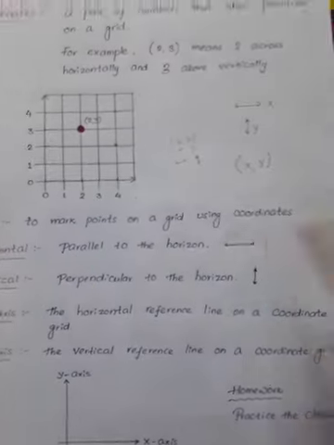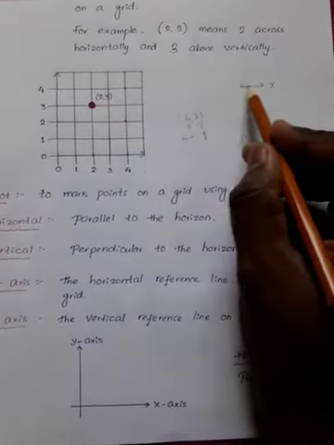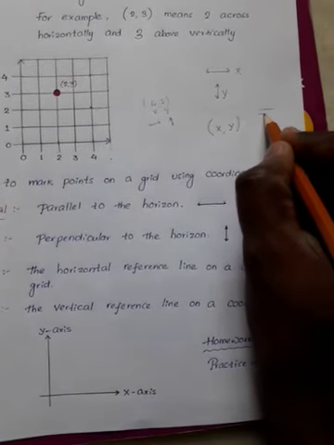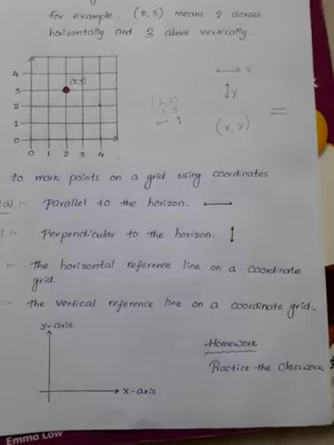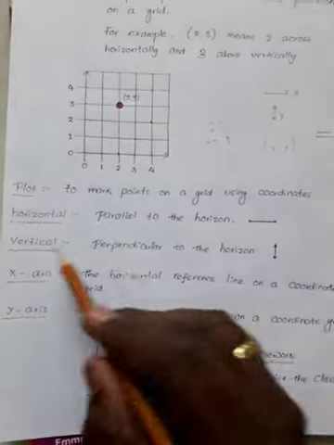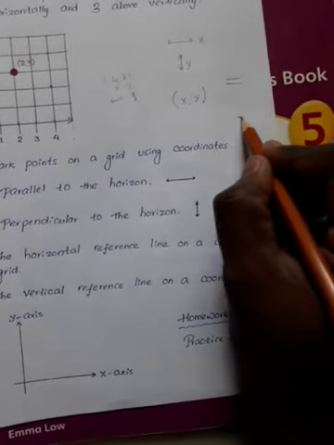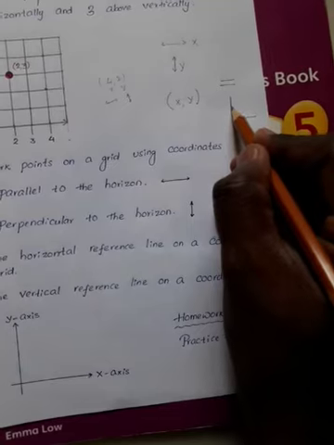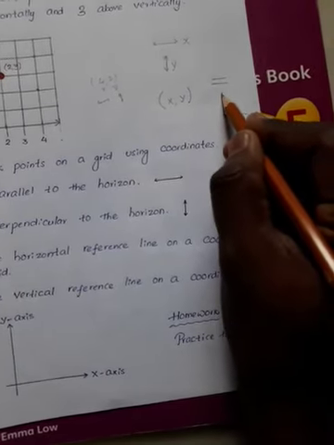Horizontal means parallel to the origin line. Horizon means this one. What is the meaning of parallel? This is the parallel line. Next, what is vertical? Perpendicular to the origin. Origin means this is the origin. If you move like this way, perpendicular means 90 degrees.